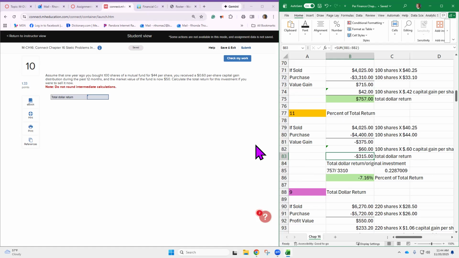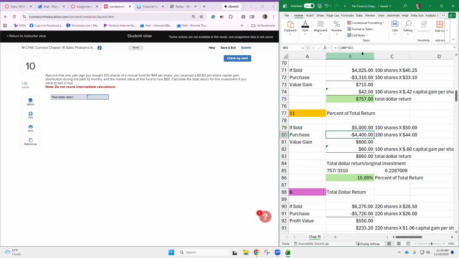If we were to sell it today, the market price on our pretend sale today is $50 a share. And that's the right direction because we bought it for $44 a share, right? That's what we'd hoped happened. So the sales amount would be 100 times 50, which is $5,000.